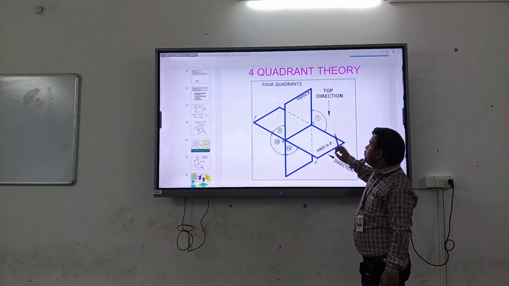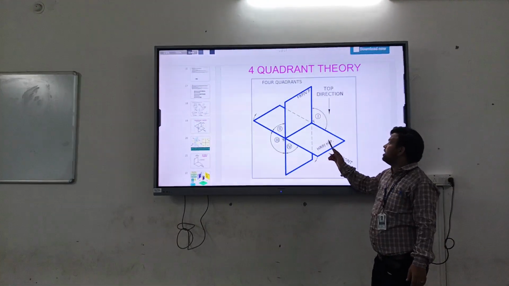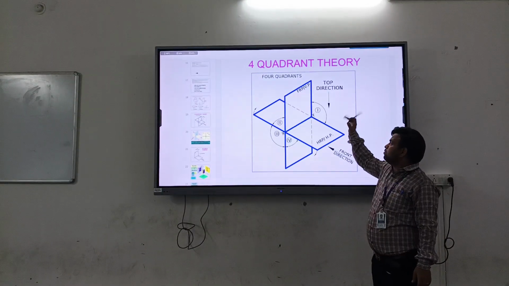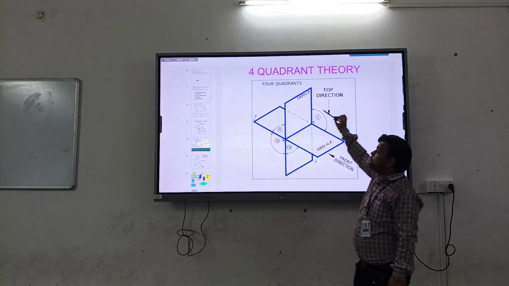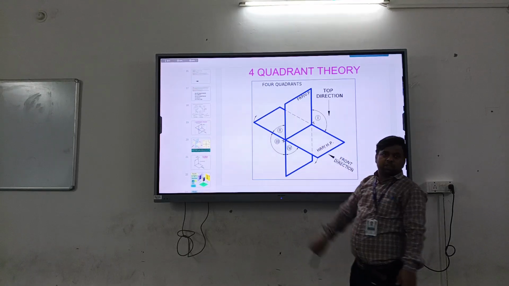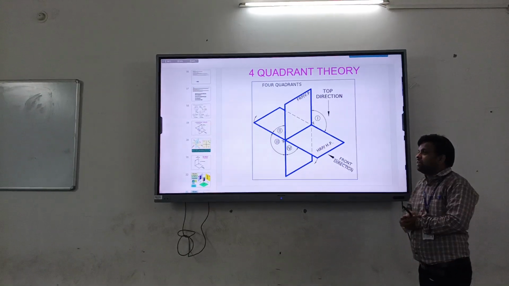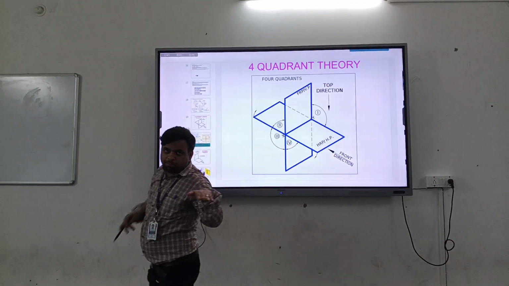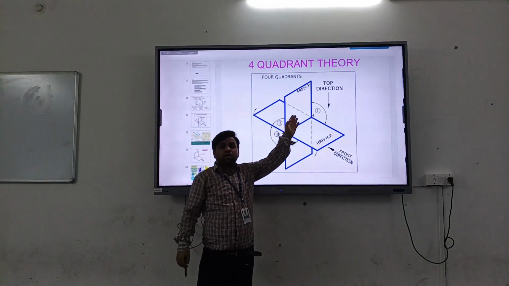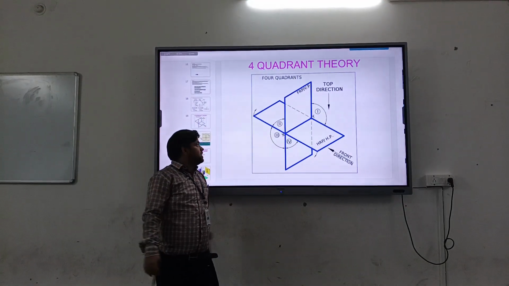Similarly, the front view, if you see from this front side, lies in the vertical plane. So in the first quadrant, the top view will be on the horizontal plane and the front view will be on the vertical plane.